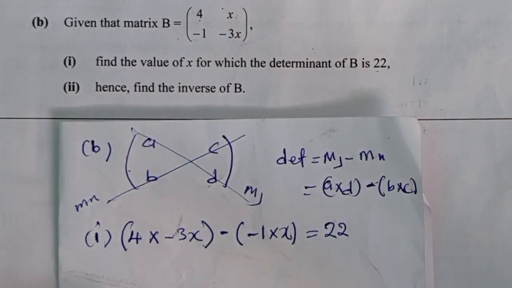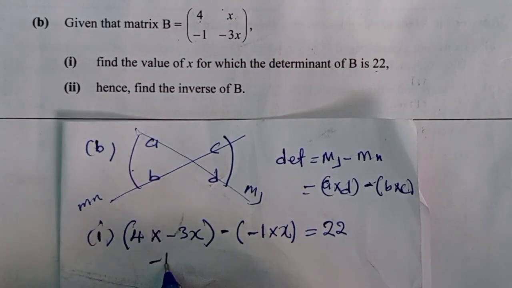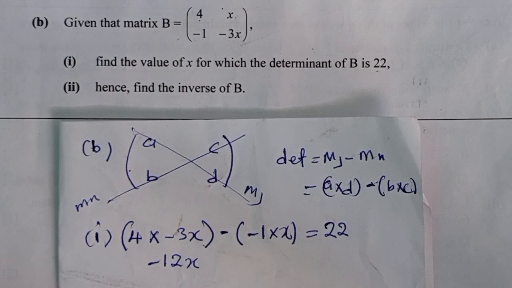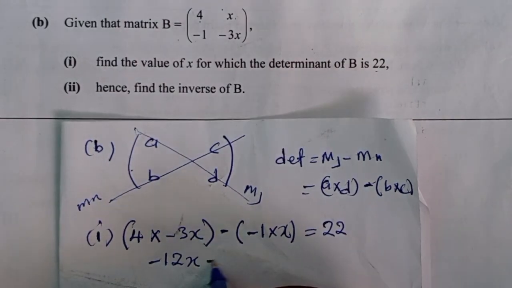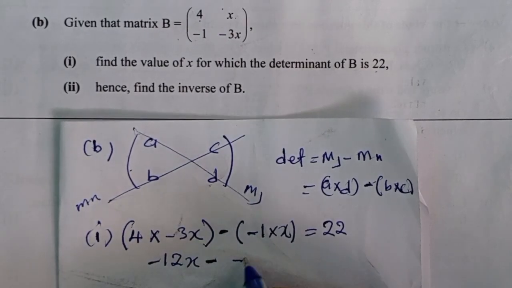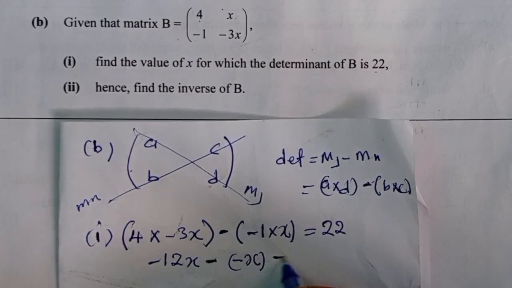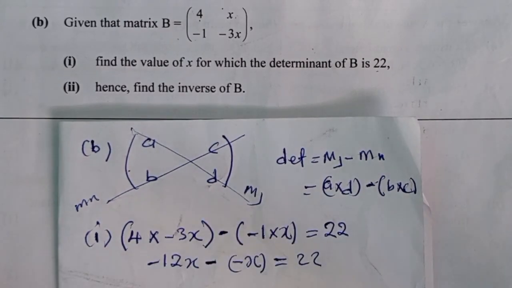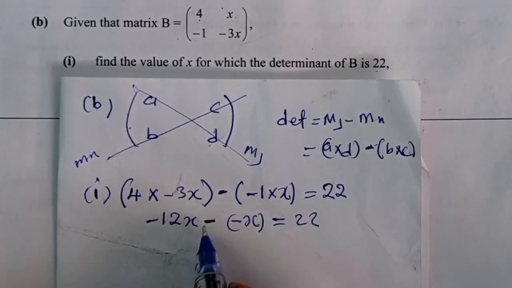So 4 times -3x is -12x. Then minus -1 times x is minus -x, equals 22. Negative, that is positive.